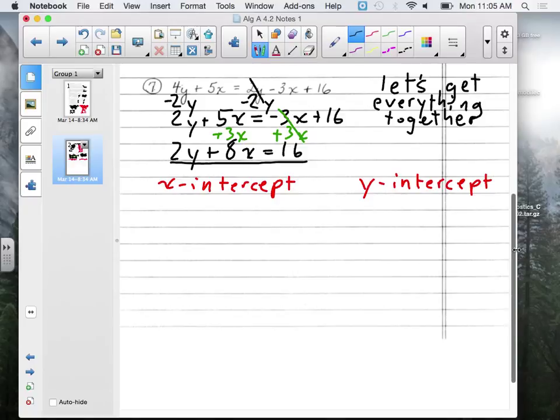Oh, that's it, isn't it? Oh yeah, now you're trying to find the x-intercept and y-intercept.